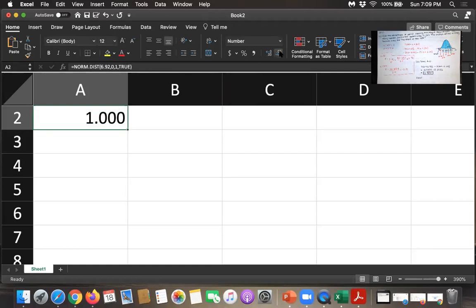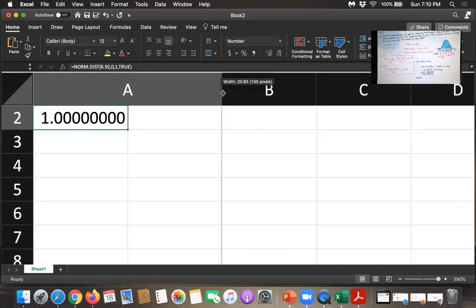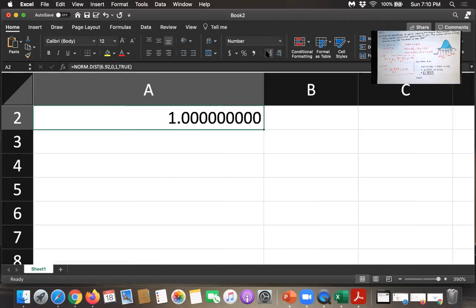Oh, and they have 1 there, because I want to see what it gives me as many decimal places as it can. Okay, so there we go. I just kept including decimals until it finally gave me something.